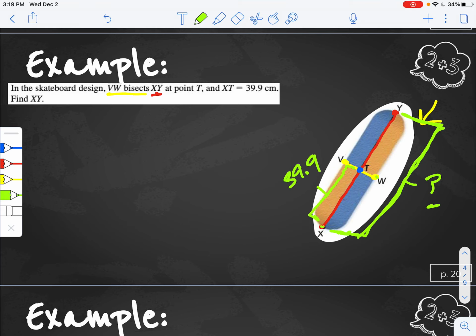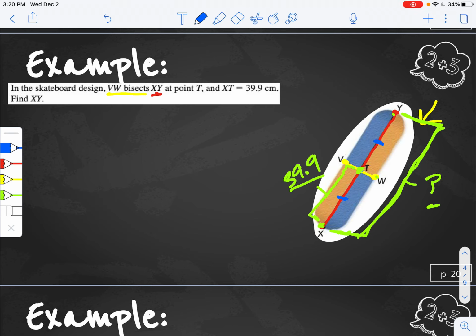It tells us that VW bisects XY, but it doesn't tell us for sure that this is the midpoint. So we can't right away, just from reading that, assume that XT is half and that we can just double 39.9 to get the answer. What we need to look at, and maybe this is hard to notice if you're not looking at your textbook, is that there's a little tick mark here and a little tick mark here.